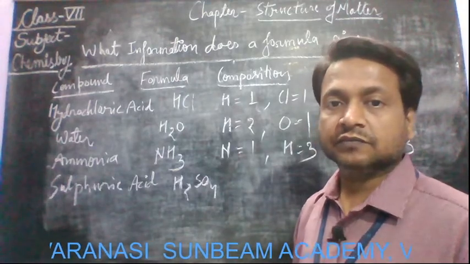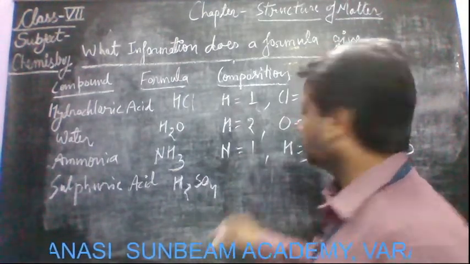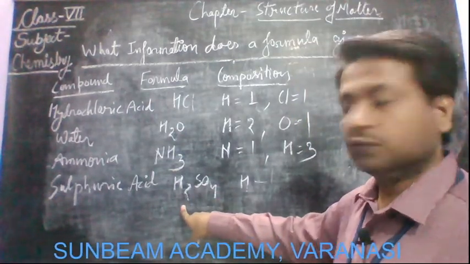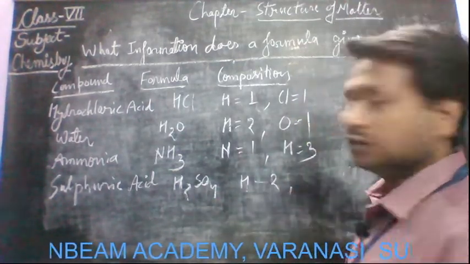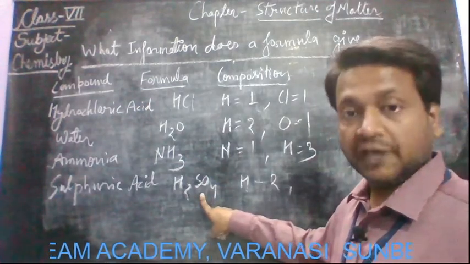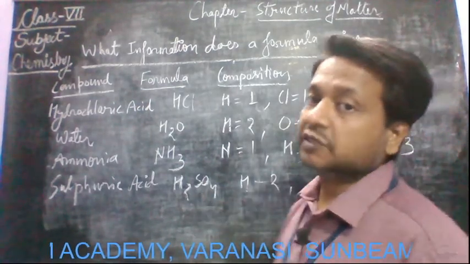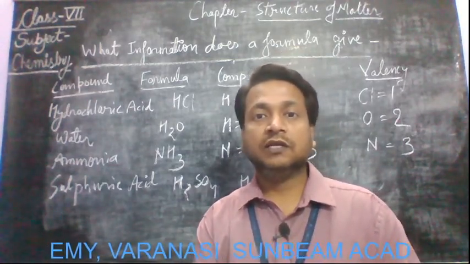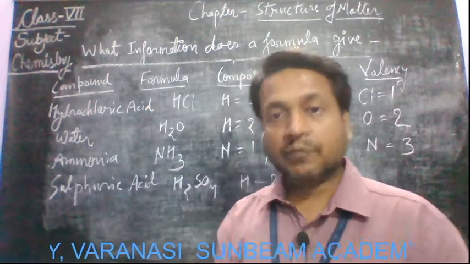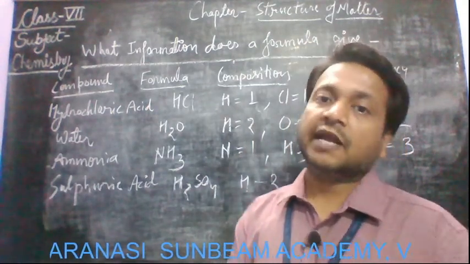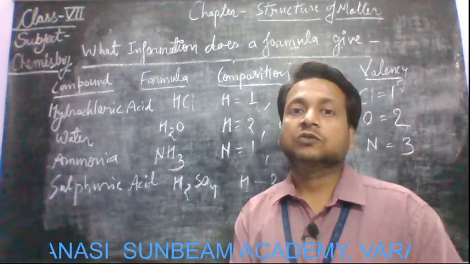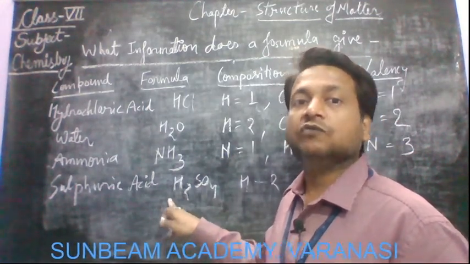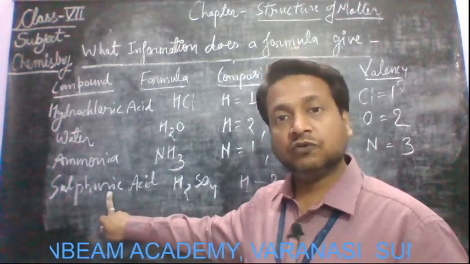Sulfuric acid, the composition is hydrogen, which is of two atoms, and a group is there, sulfate group is there. Remember children, I have explained to you about the group in our previous class. Certain groups are there which combine chemically with other elements and form the new compound. So the sulfate is a group which is going to join with hydrogen atoms to form a compound that is sulfuric acid.